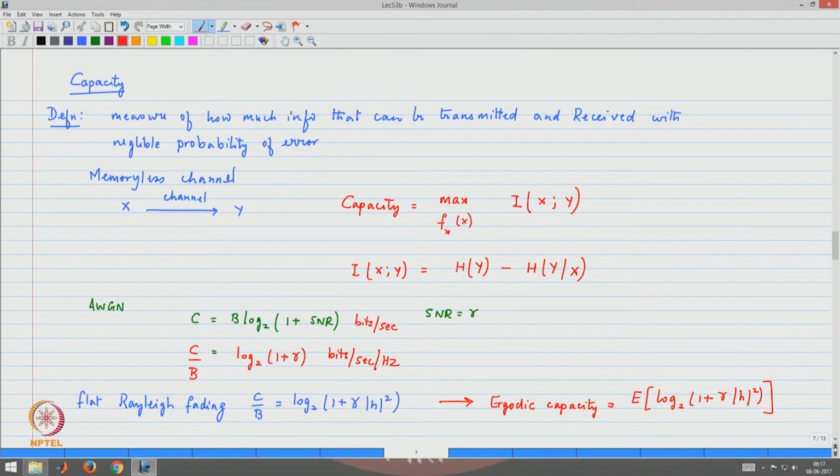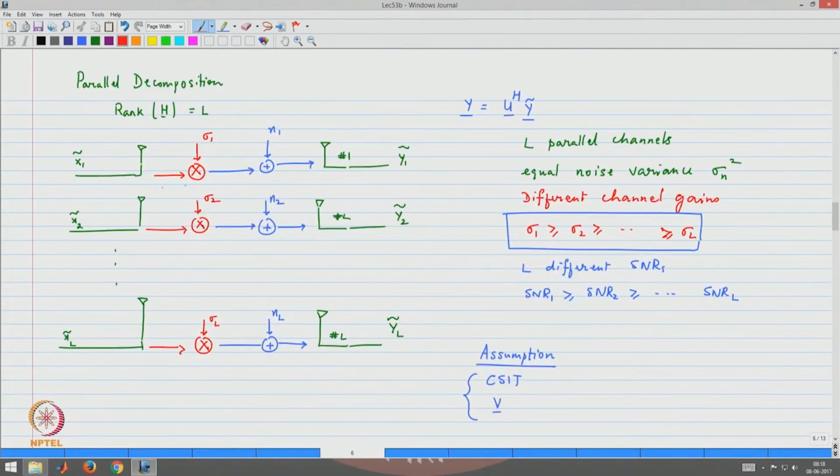So, given this particular framework, let us zero in on our understanding of the capacity of an AWGN channel, where the capacity depends upon the SNR. The SNR in turn will depend upon the noise variance. It will also depend on the channel gain that we encounter, and of course the transmitted signal power. So, based on these assumptions, we would now like to go back and revisit our parallel decomposition.